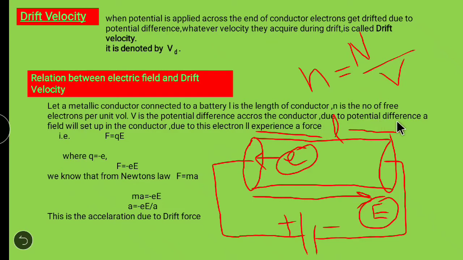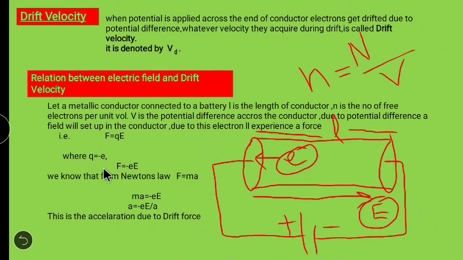Due to the potential difference, a field will be set up in the conductor. Due to this, the electron will experience a force. Obviously electrons will experience a force. So according to the electrostatics that you have been taught in chapter 1, the force will be F equals QE, where Q is the charge that the electron has.